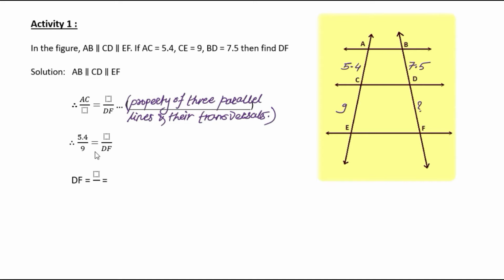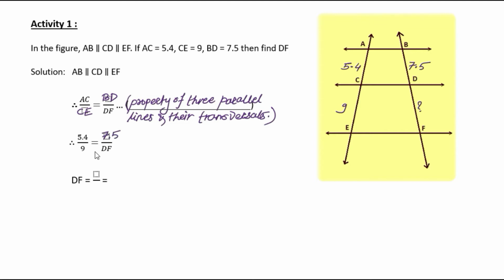So according to that property, we can write AC upon CE is equal to BD upon DF. Okay, AC is 5.4 and CE is 9, from the given condition we have already mentioned here, and in this empty bracket we have to write DF. BD value is 7.5, so we can substitute this value 7.5 and DF. Okay.